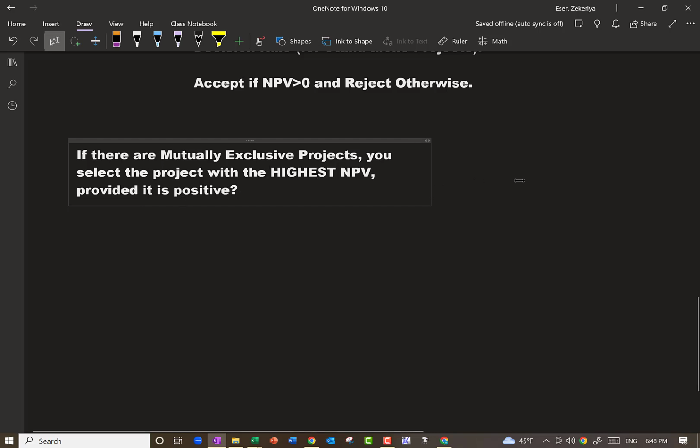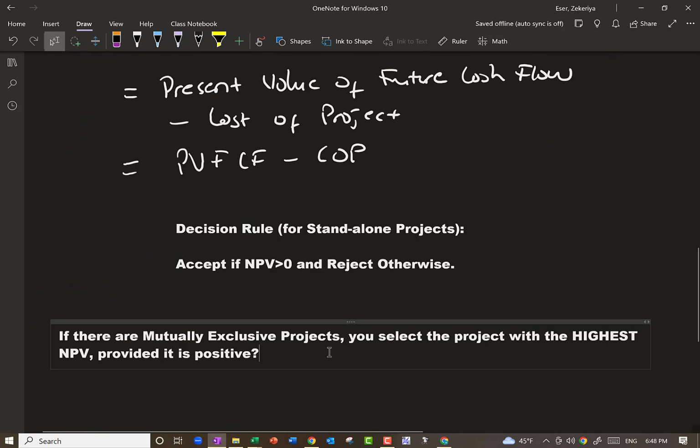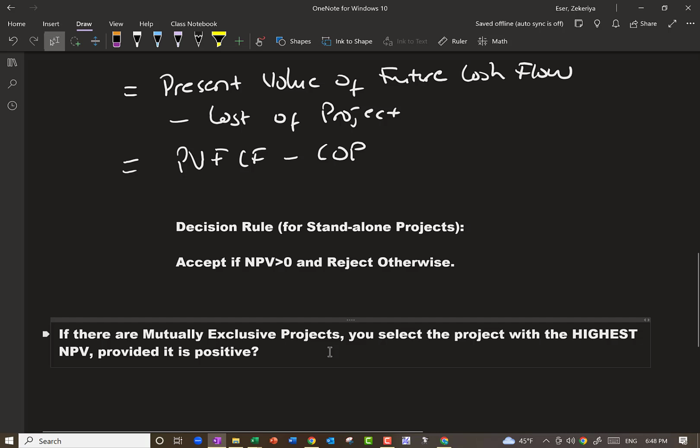Who's going to tell me what mutually exclusive means? So you have two projects. You're going to do one product or another product. If these projects are mutually exclusive, let's say one project is building space lasers.